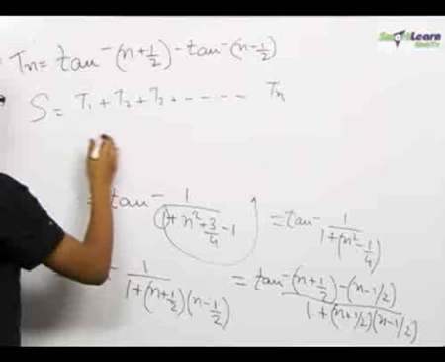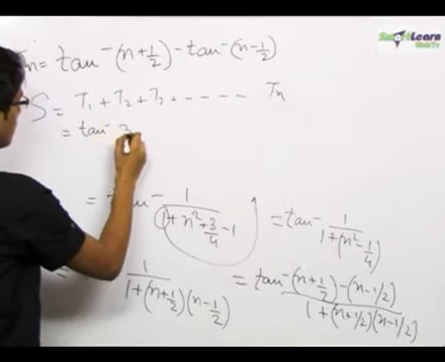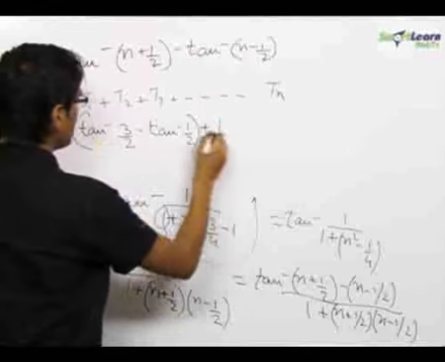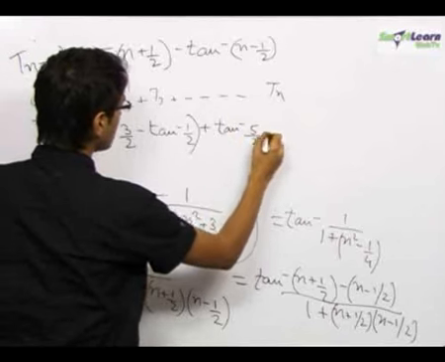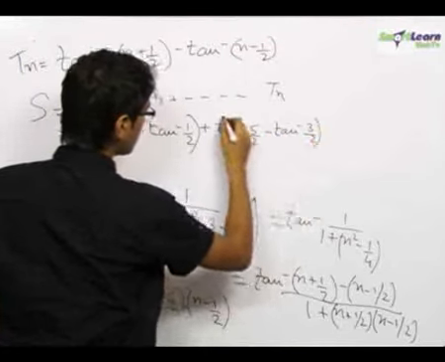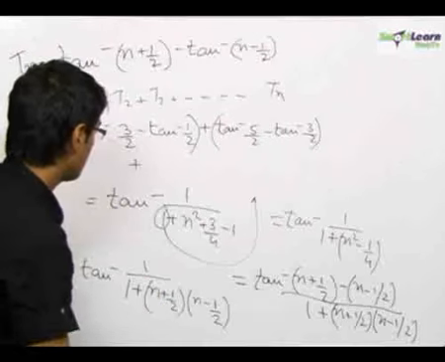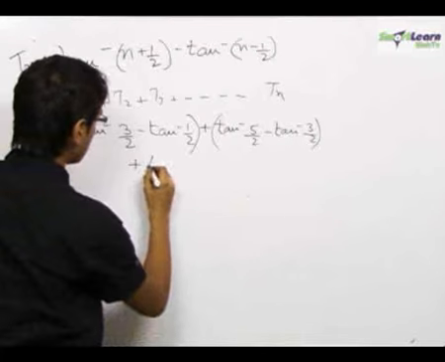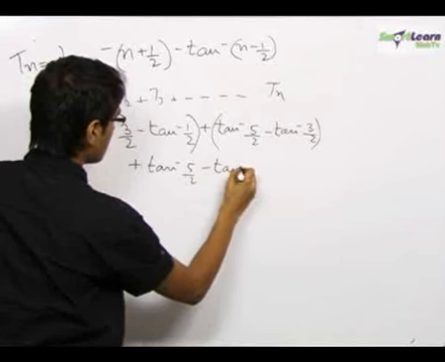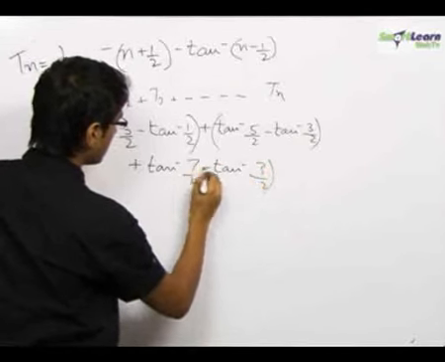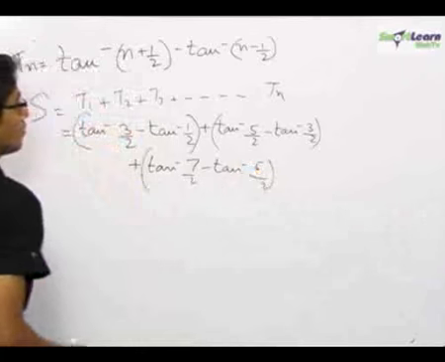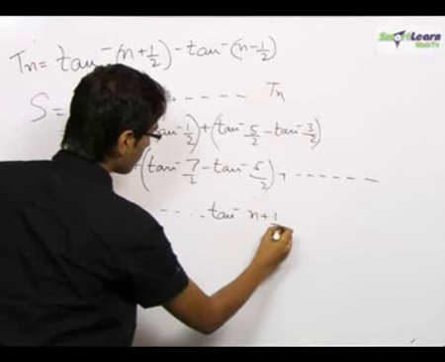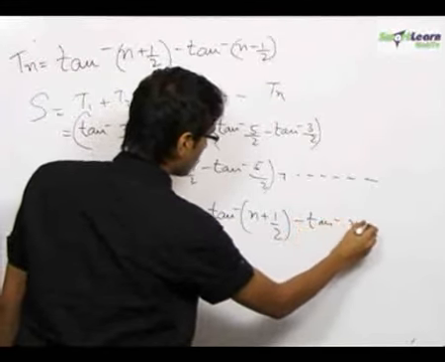So putting n equals 1, 2, 3, 4, we get tan inverse of 3 by 2 minus tan inverse of half, plus tan inverse of 5 by 2 minus tan inverse of 3 by 2, and similarly all the other terms, like the third term as tan inverse 7 by 2 minus tan inverse 5 by 2, putting n equals 3, and the last term will be tan inverse of n plus half minus tan inverse of n minus half.